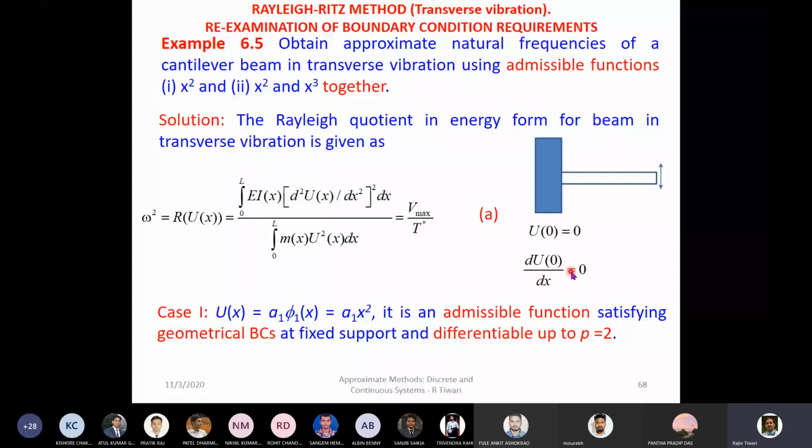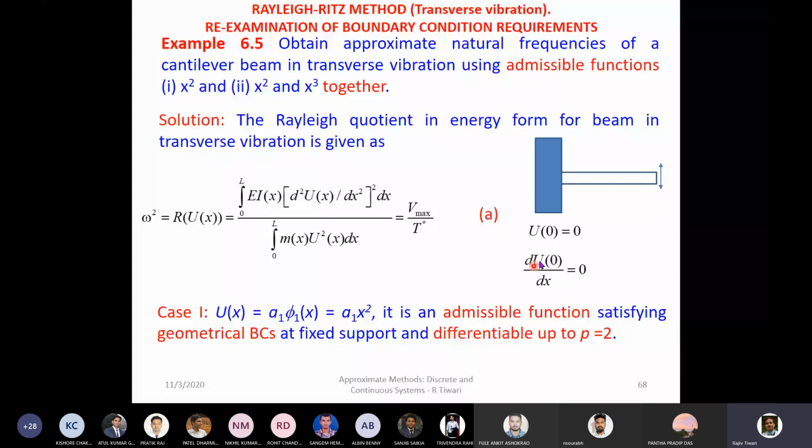If we put x equal to 0, x square becomes 0, so it is satisfying the first boundary condition. Second boundary condition, the slope. If we differentiate this once, this will be 2x, and if we put x equal to 0, 2x becomes 0. So it is satisfying the second geometrical boundary condition also.